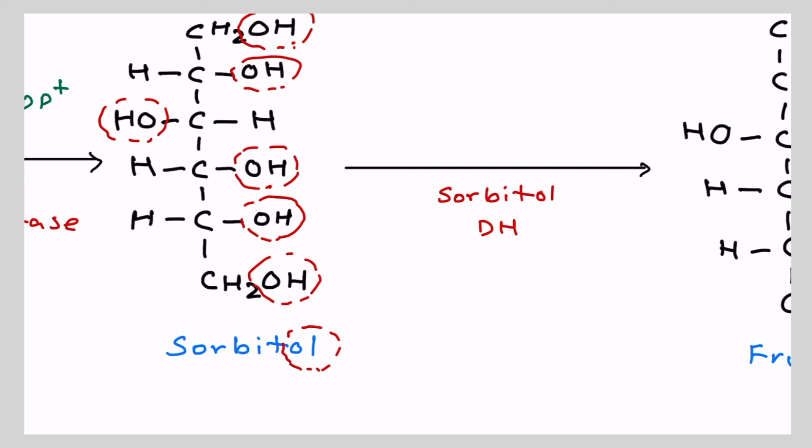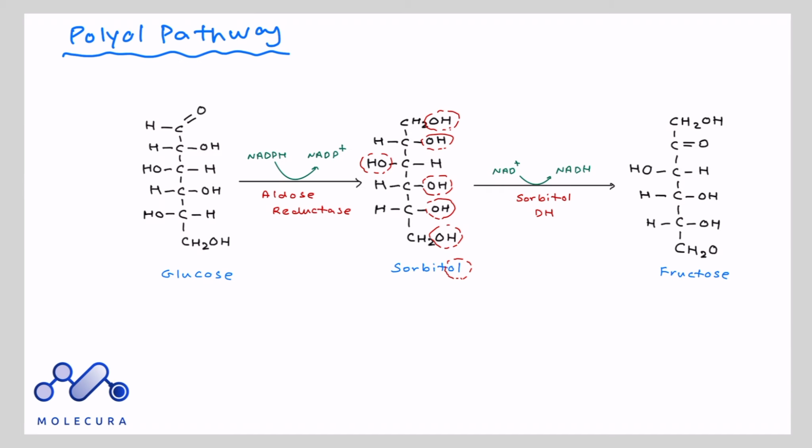And sorbitol dehydrogenase again is going to use NAD+, and it will end up giving us NADH. So this is important, as we said, in cells like the sperm to synthesize fructose and use it as energy. So what happens is that some tissues have low amount of sorbitol dehydrogenase. So this reaction is not happening as much as it should be, and sorbitol is getting accumulated.